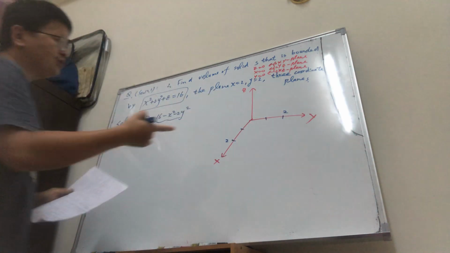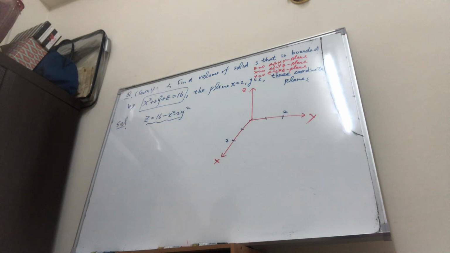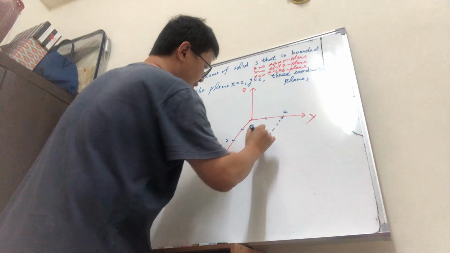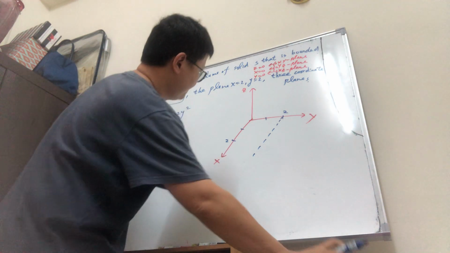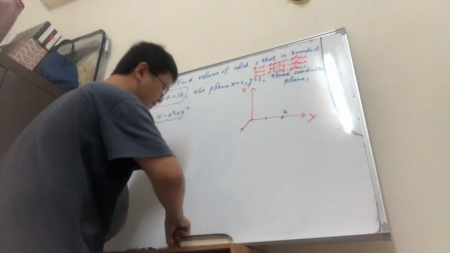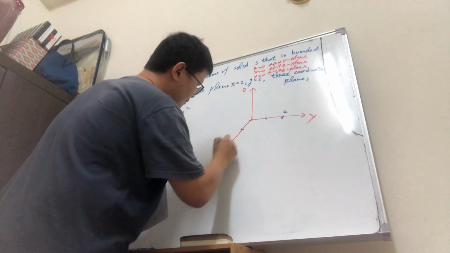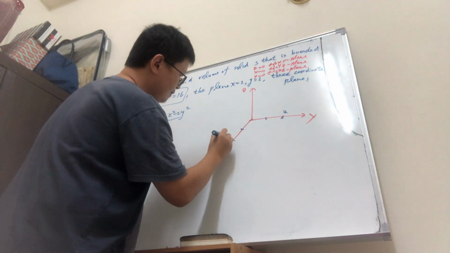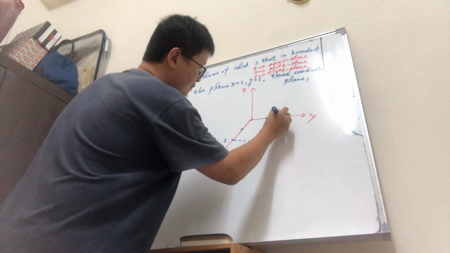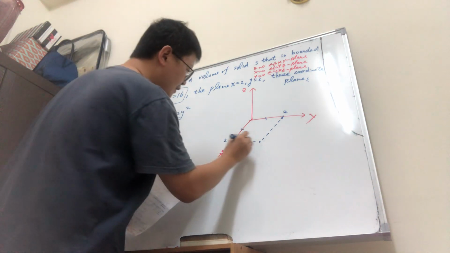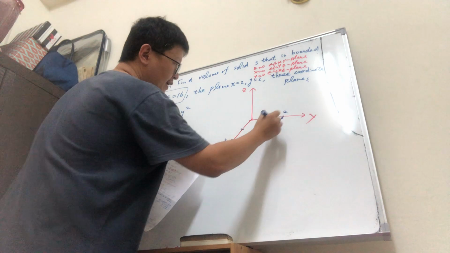And for this question, you could compare with the question in our class. I have also told you another question. Here is x equals 2 and y equals 2, right?